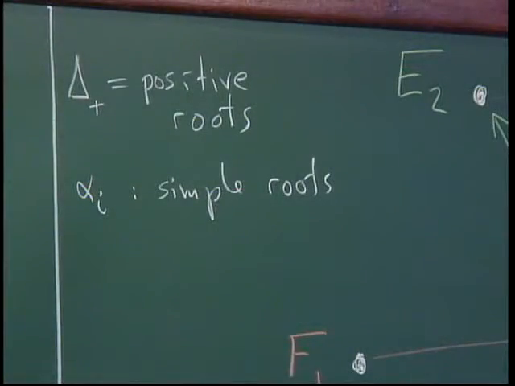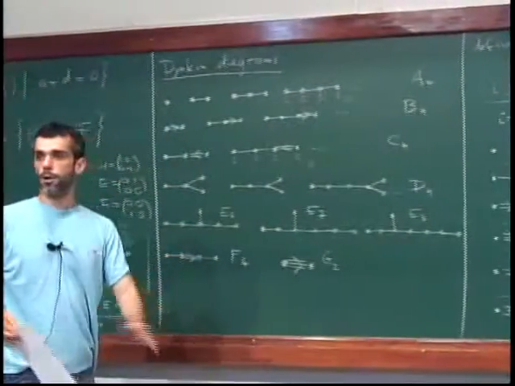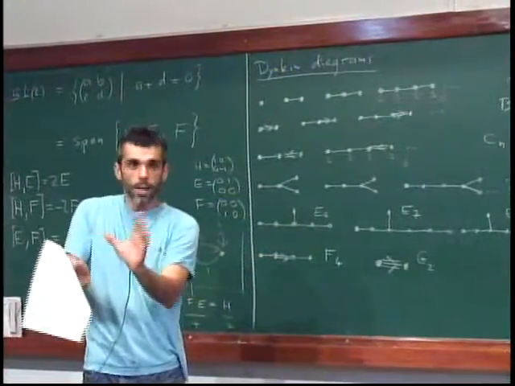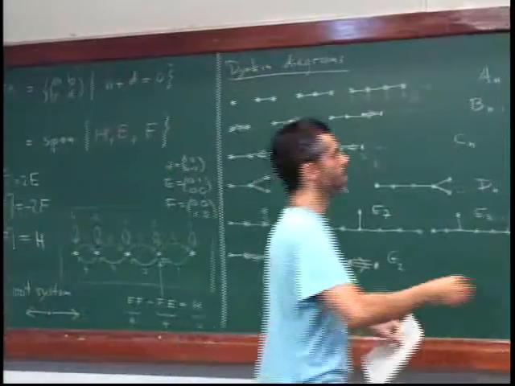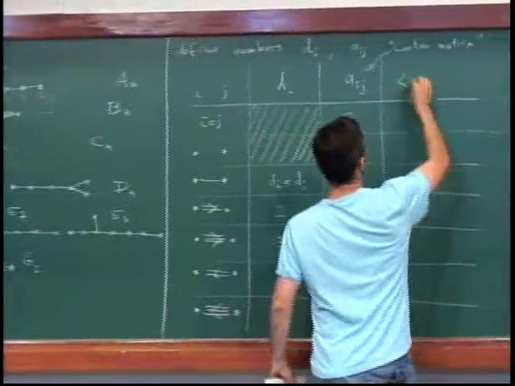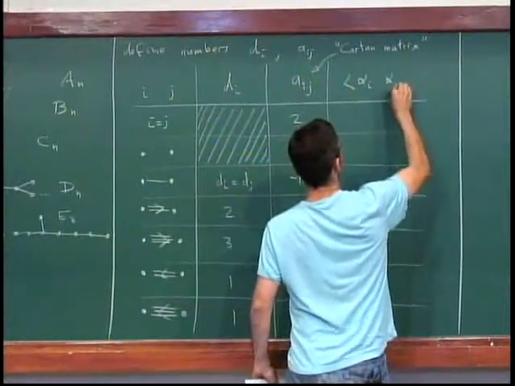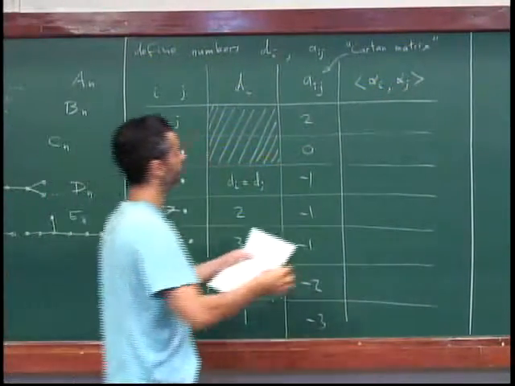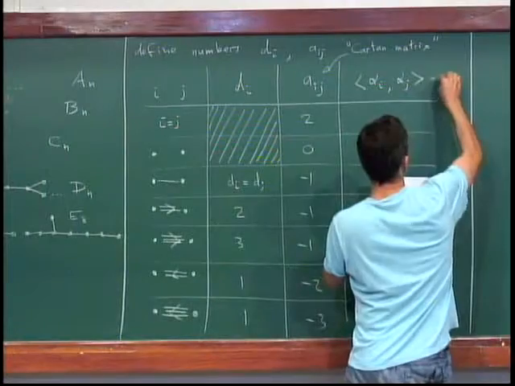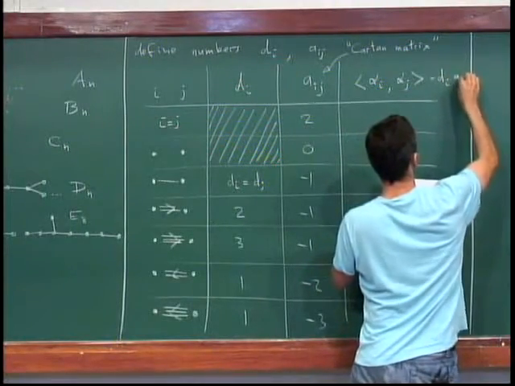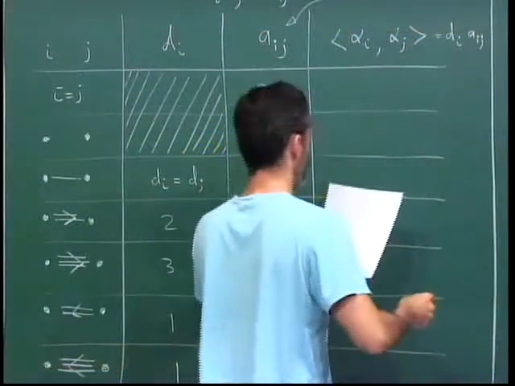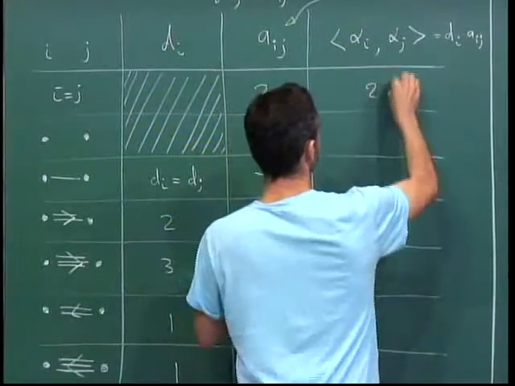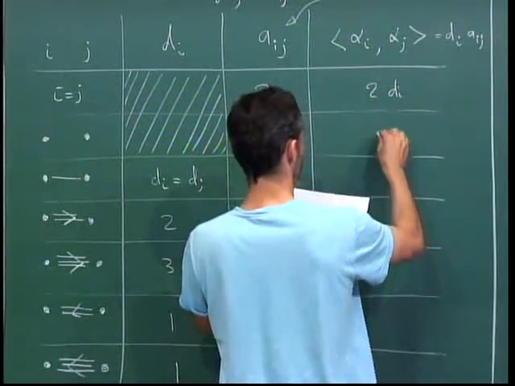So suppose you only have this data. How are you going to decide in what geometry to put the alpha i's? Well, that's what I'm going to tell you right now. I'm going to give you an inner product between alpha i and alpha j. There's a formula, actually. It's equal to di aij. Here it's 2di. But here it's 0.